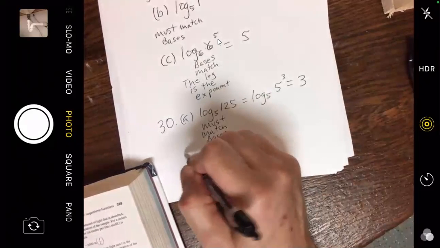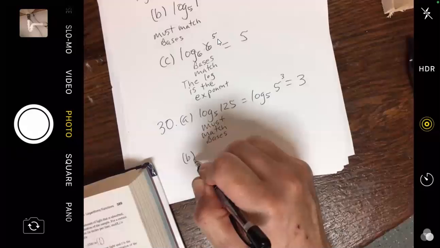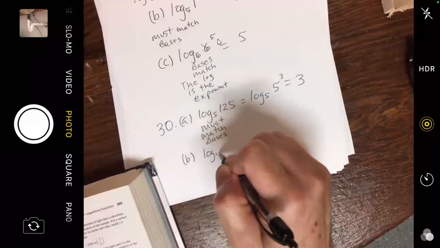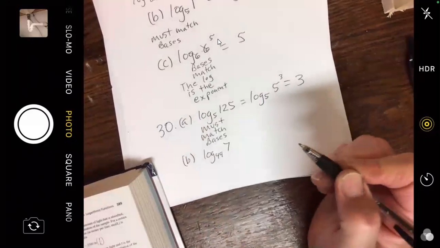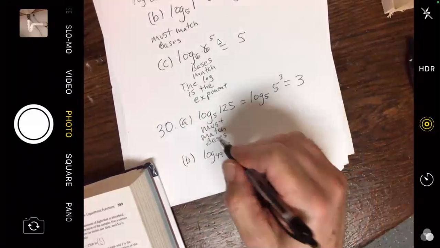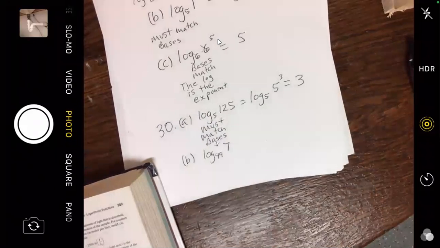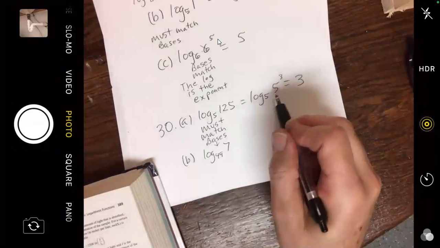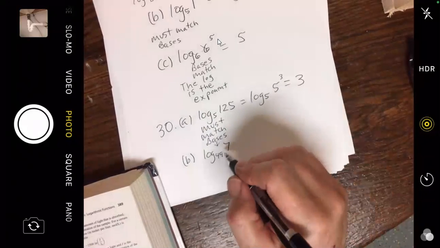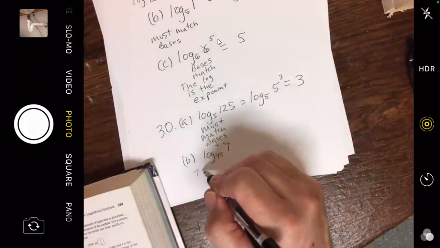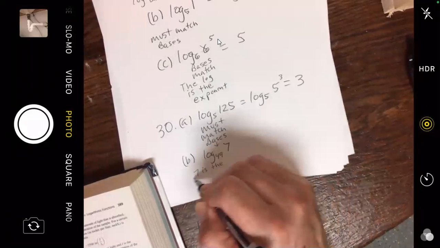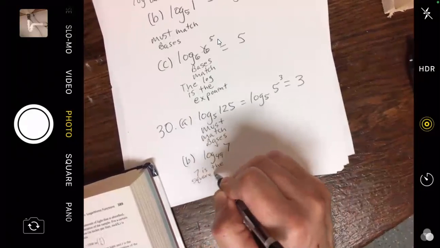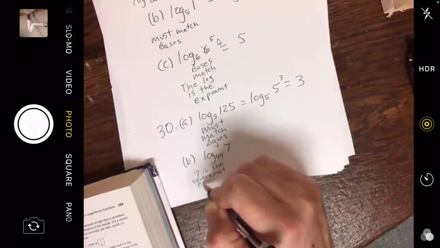All right, how about B? Log base 49 of 7. Again, you must match the bases. And some of these get a little tricky. This hopefully was pretty obvious. 7 and 49. Gee, the 7 is the square root of 49.